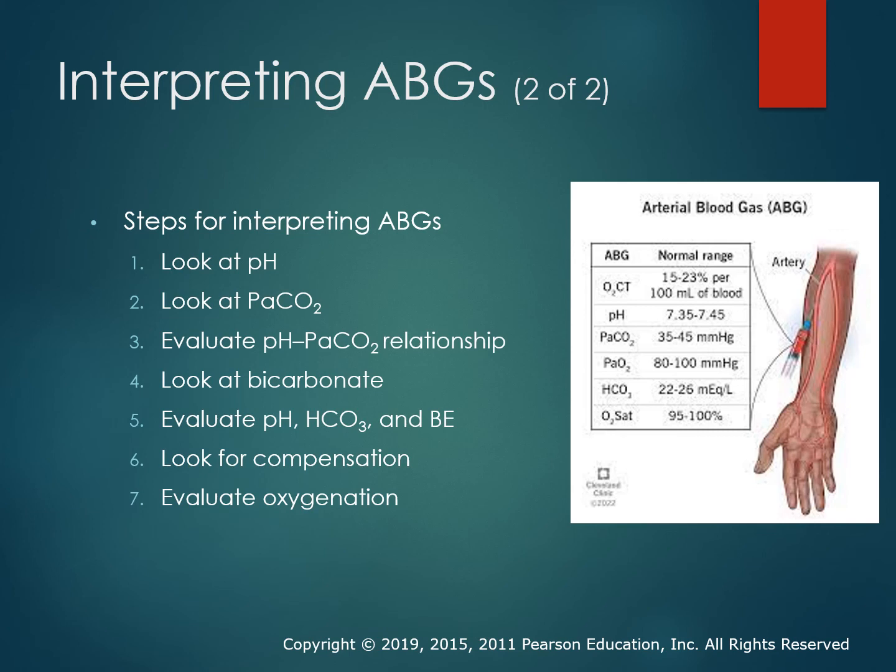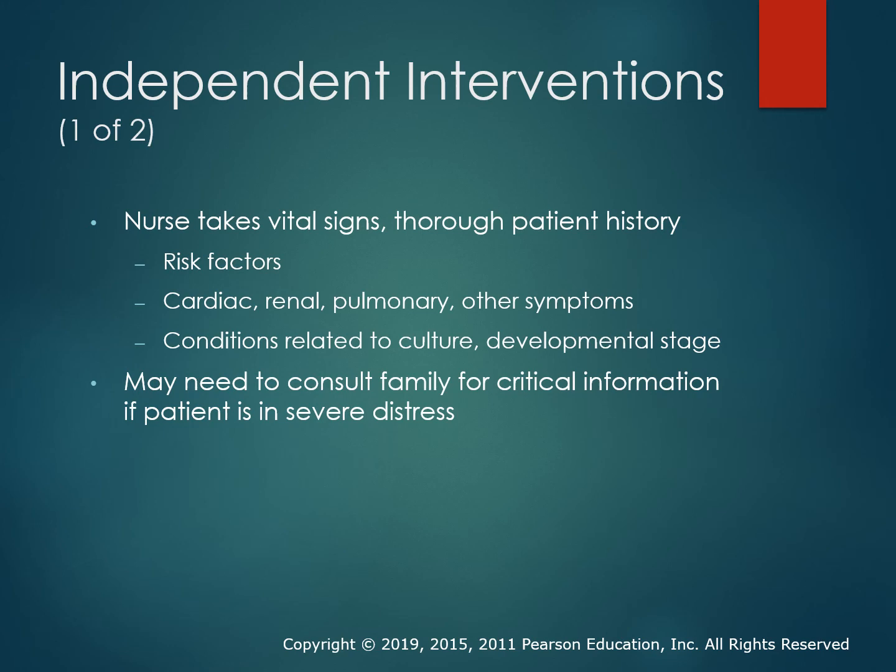So again, in compensation, if it's respiratory, then the bicarb is going to show compensation. If it's metabolic, the PaCO2 is going to show compensation. And we'll talk more, I'll answer your questions about that.